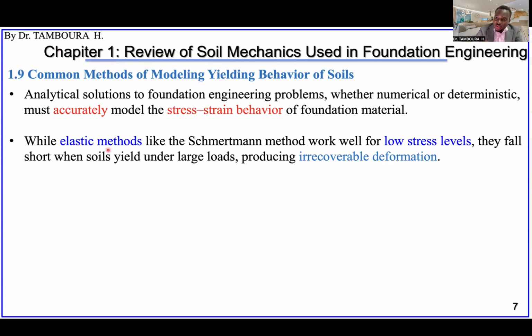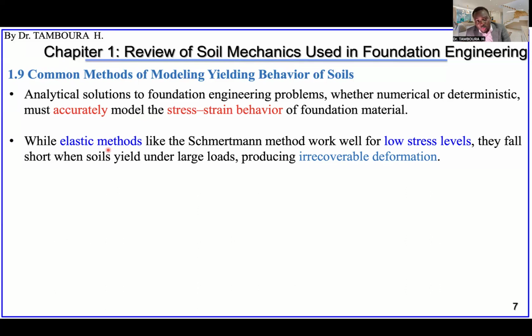Okay. Elastic means like linear method. Elastic methods work very well with low stress. If the stress is not very high, then the elastic method is okay to estimate the relationship between stress and strain.